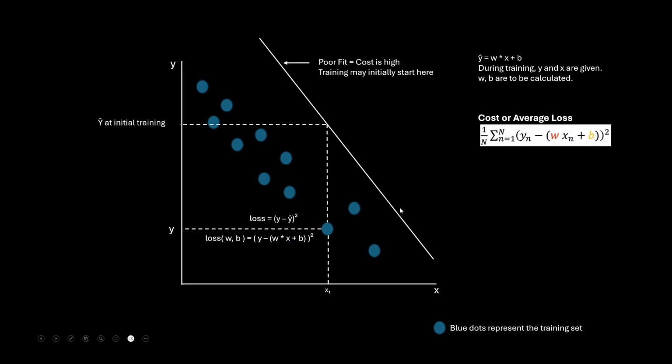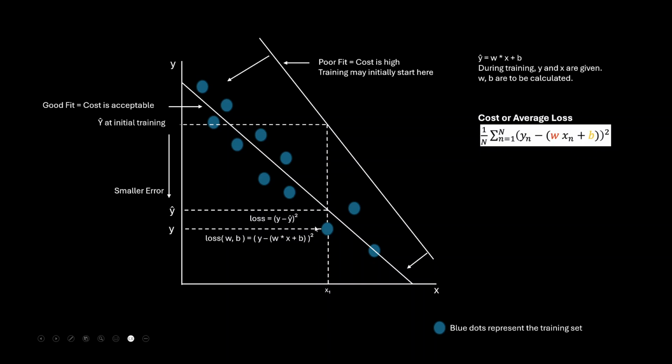So you can imagine during training, as we change the weight and the bias, that this line will move closer and closer to be a best fit for this data set. Eventually, we'll find the best fit line for this data set.